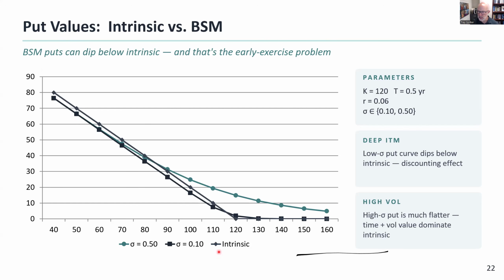I should probably change the colors here. The reason for this is that I can't exercise a European option early, and so I can't lock in deep in the money profit. These options are worth quite a bit, but because it's a European style option, I can't get up to this implied value line. I can't get to this pricing curve. I'm stuck on this pricing curve because I cannot exercise early.